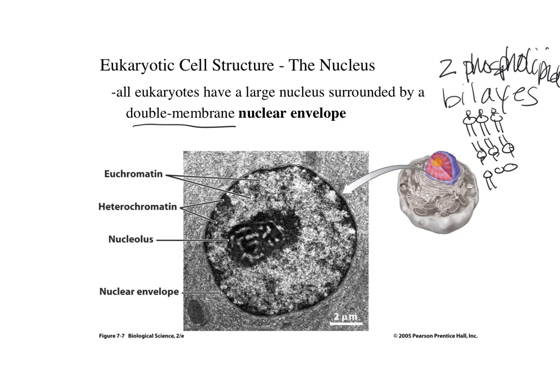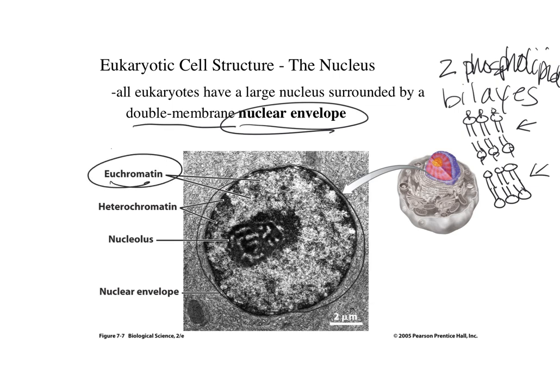I'm not drawing all the P's. Right? Two. There's one bilayer. There's another bilayer. The nuclear envelope. They just call it that. It's just the nuclear membrane. Double membrane. Okay?